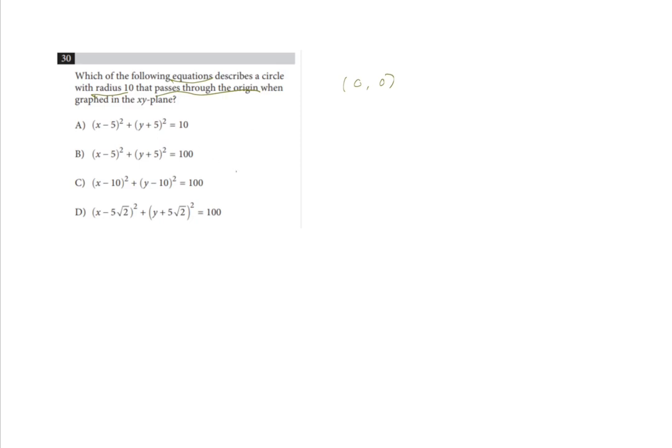So we need to figure out the equation of a circle such that at one of these points, we don't actually know which yet, but one of these points on the circle is 0, 0.